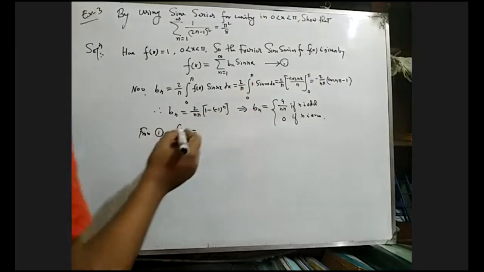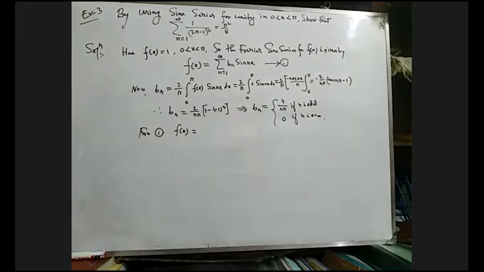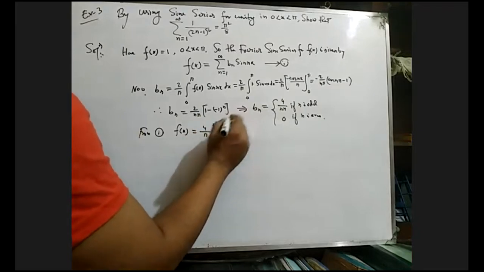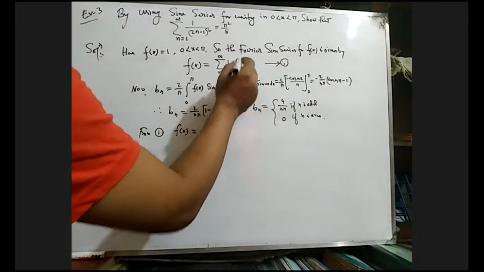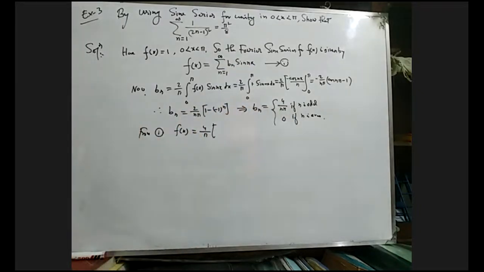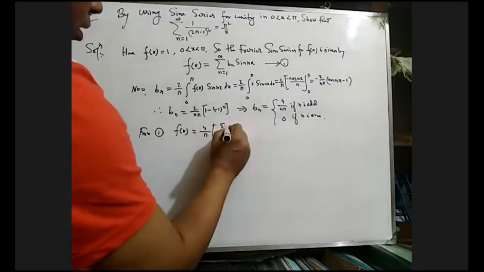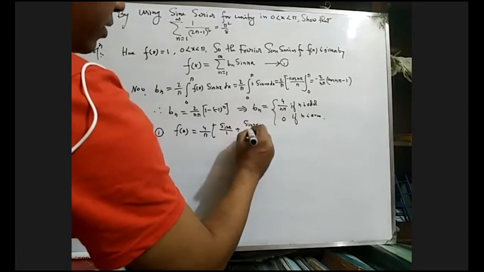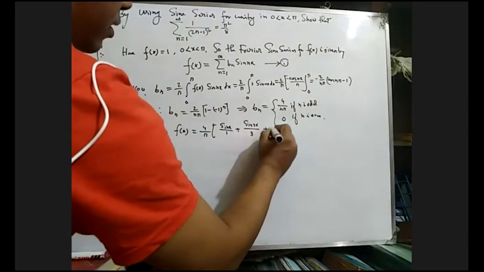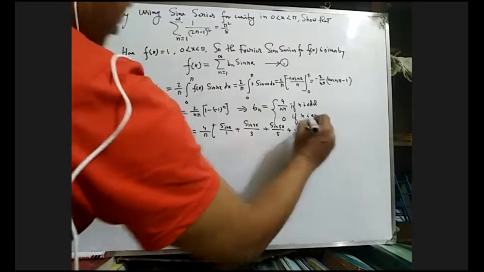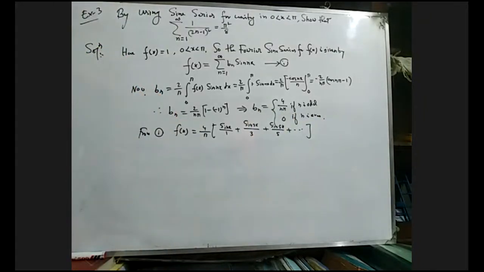Just putting these values, we get 4 by pi into 1 by 1, that means sin x by 1, plus sin thrice x by 3, sin 5x by 5, plus dot dot. So we get only odd terms.